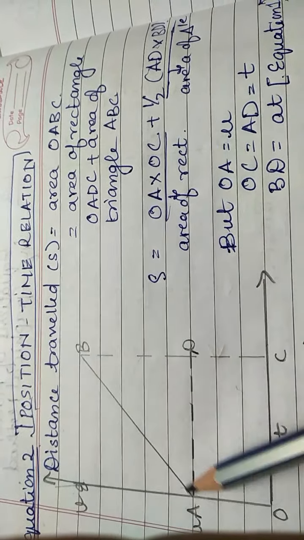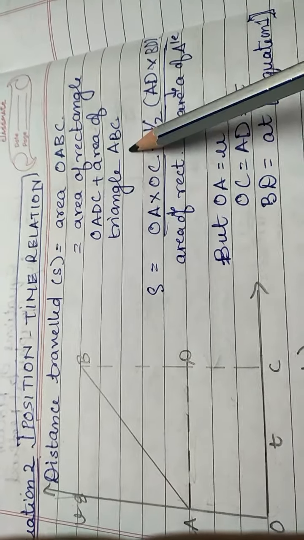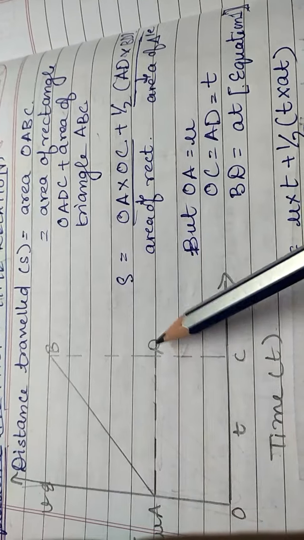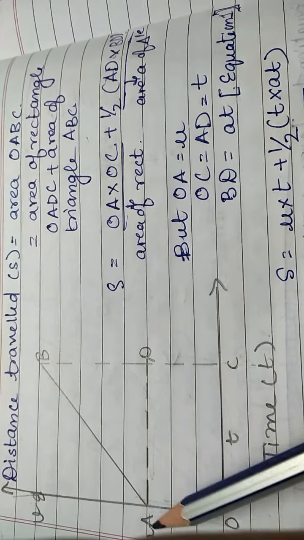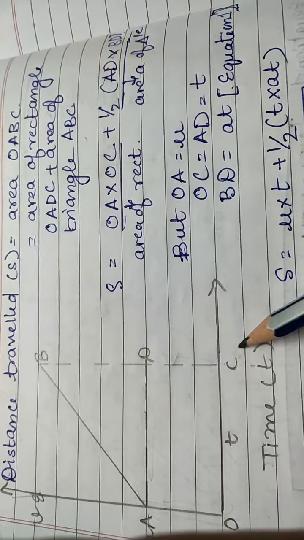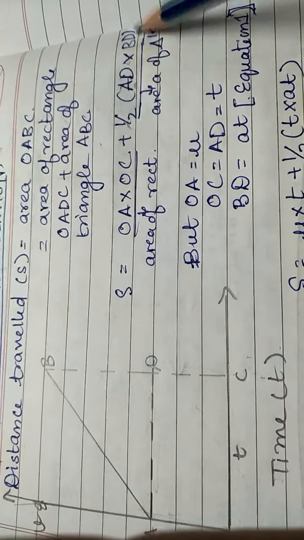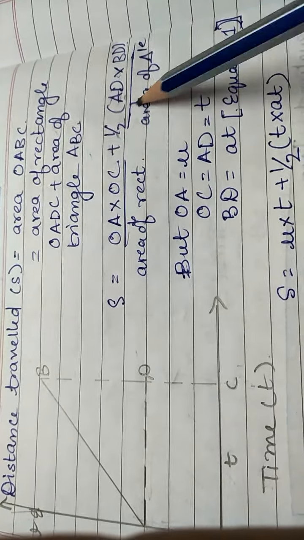That is the area of this rectangle plus the area of this triangle. The area of the rectangle is length into breadth, that is OA into DC, or OC. The area of the triangle is half base into height, so half into the base, and this is your height, that is BD.